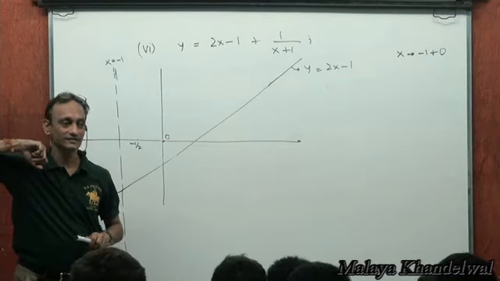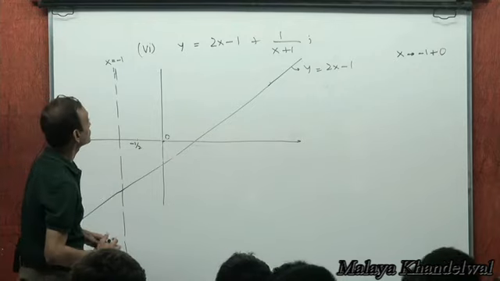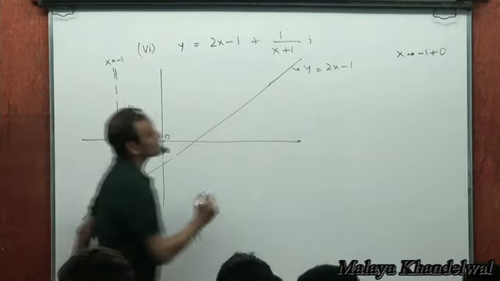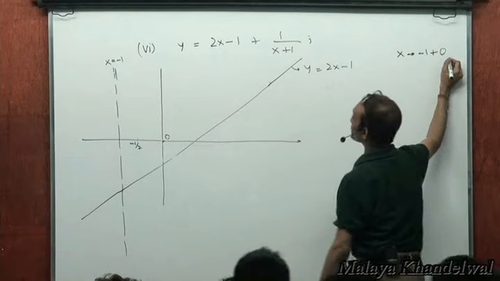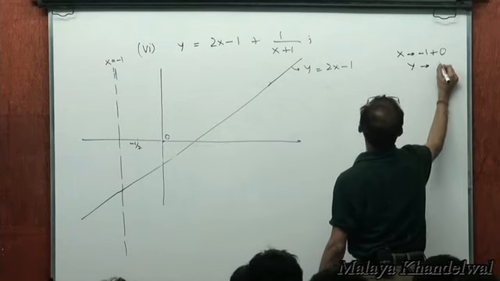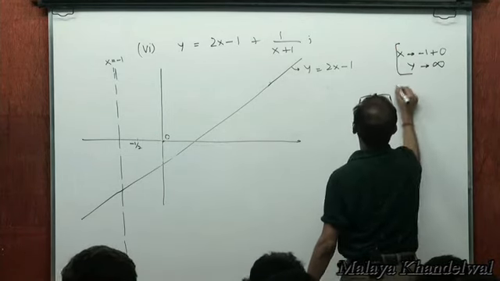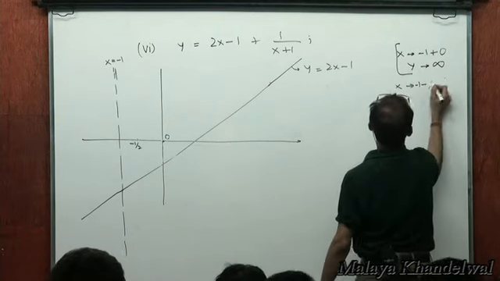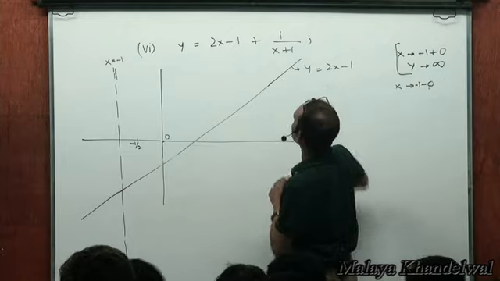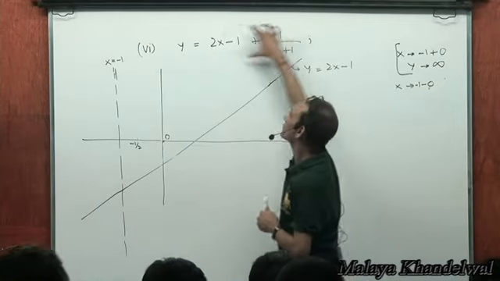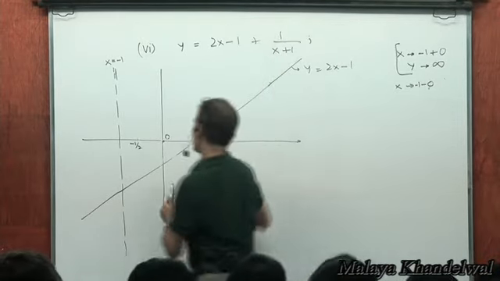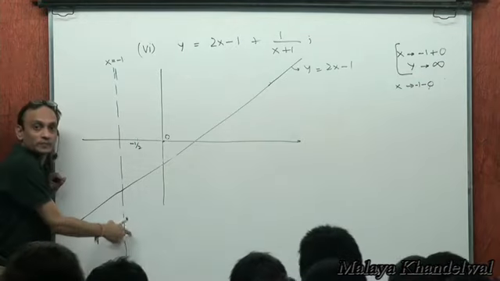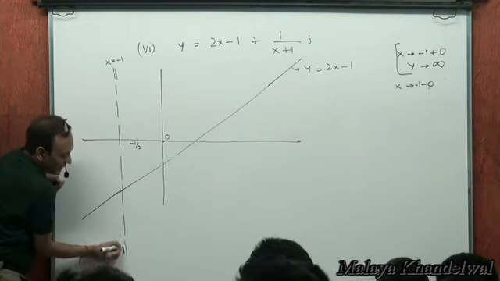Right? And as x tends to minus 1 from the greater than minus 1 side, y tends to plus infinity. As x tends to minus 1 from the less than minus 1 side, this will tend to minus infinity. This is a finite number, so the whole thing will tend to minus infinity. So I would expect something like this.